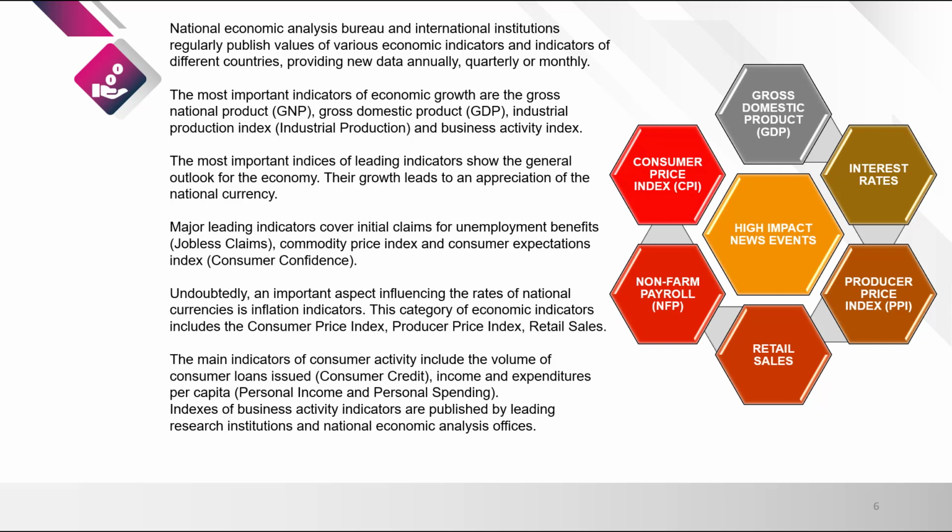So we've got the GDP, we've got the CPI, we've got the NFP, which is the non-farm payroll, the one for American jobs. Then we've got the retail sales, we've got the PPI, the Producer Price Index, and we've got the interest rates.